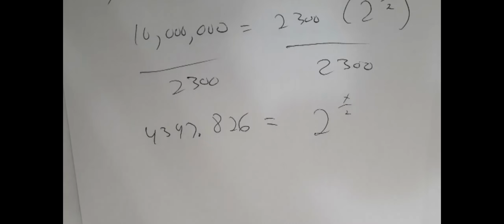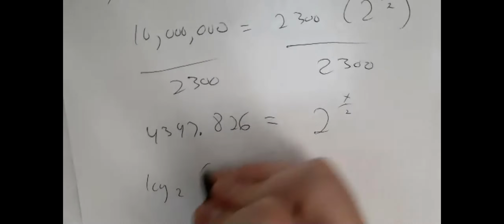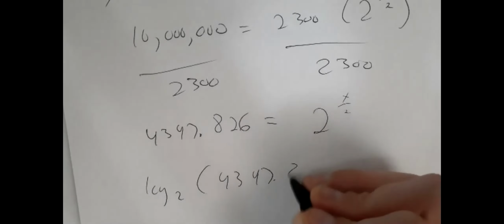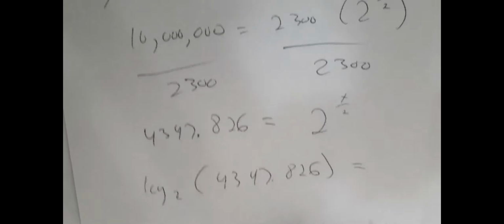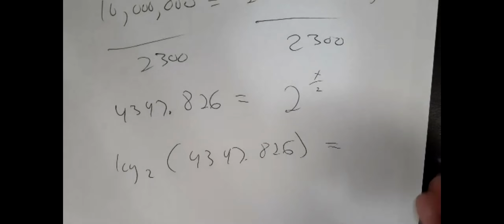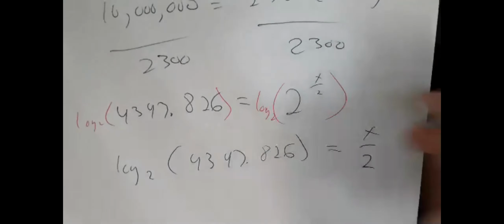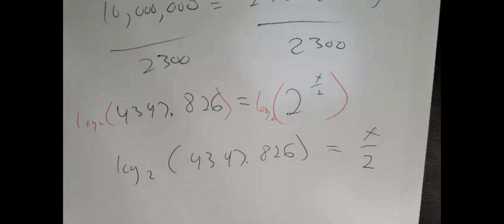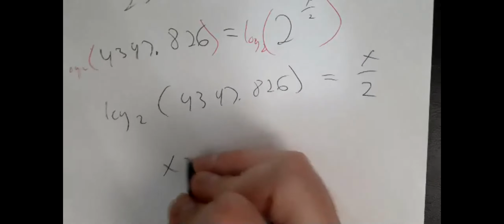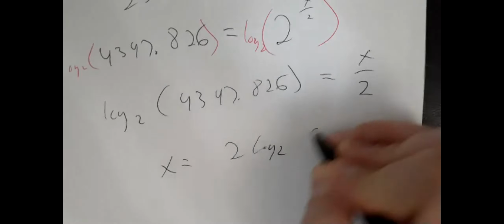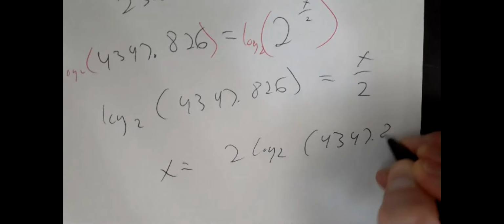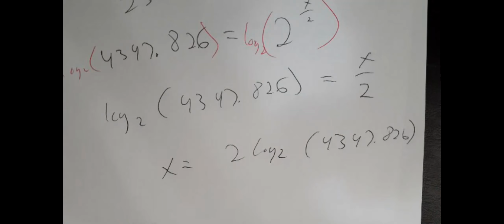Take log base 2 of both sides. Log base 2 of this crazy number, so that we get the x over 2. We're doing log base 2 of both sides, and so this is x divided by 2. The last step, I believe, is to multiply both sides by 2.